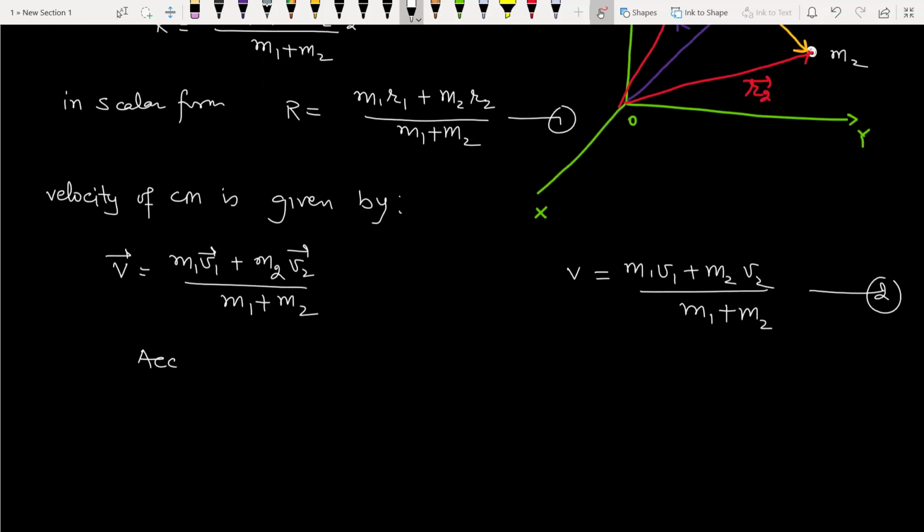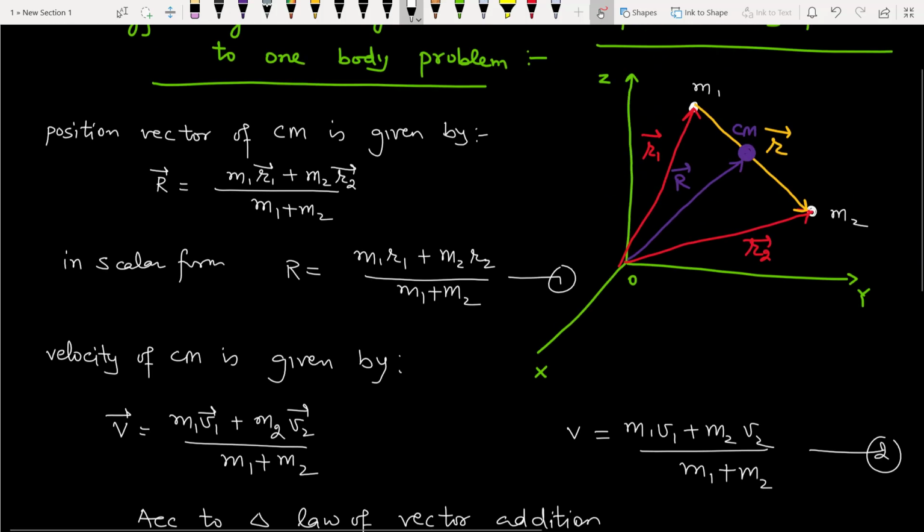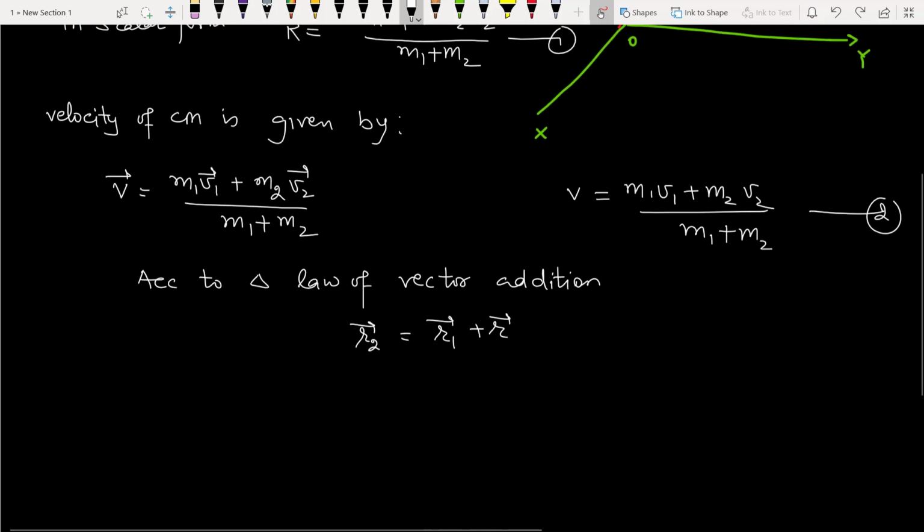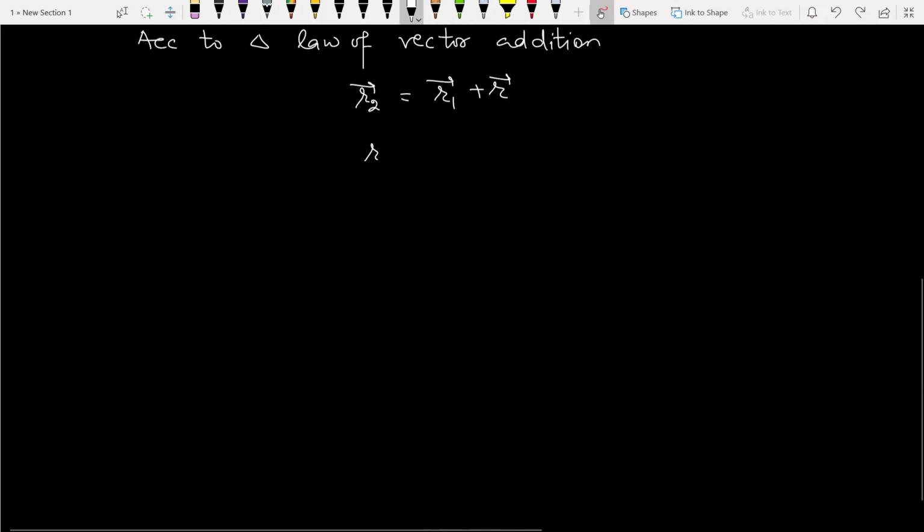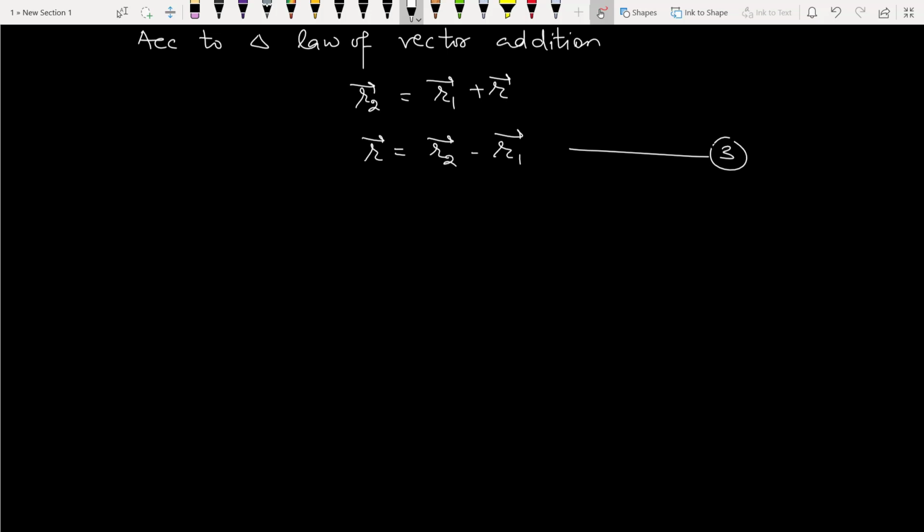According to the triangle law of vector addition, r2 is the resultant vector, which is equal to r1 plus r vector in the triangle that I have just shown, this triangle. So r can be written as r2 vector minus r1 vector. I mark this as equation number 3.